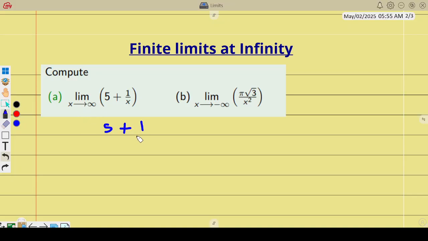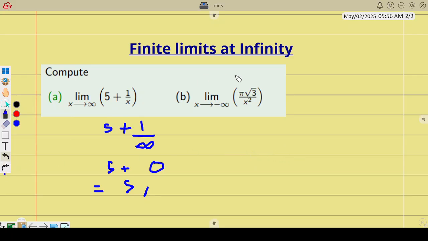This is 1 over infinity. So 5 plus, what is a number divided by infinity? Like we have said, it's 0. And then 5 plus 0, that's 5. So you can see this as a multiple choice question.